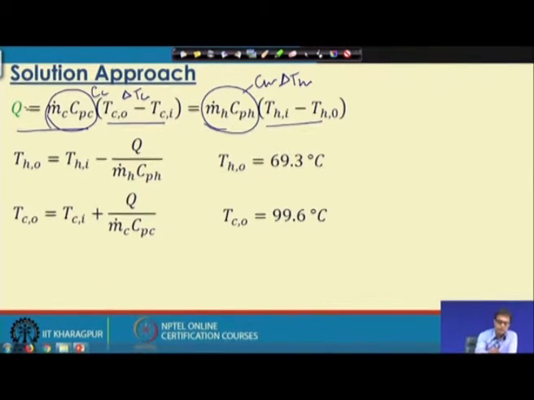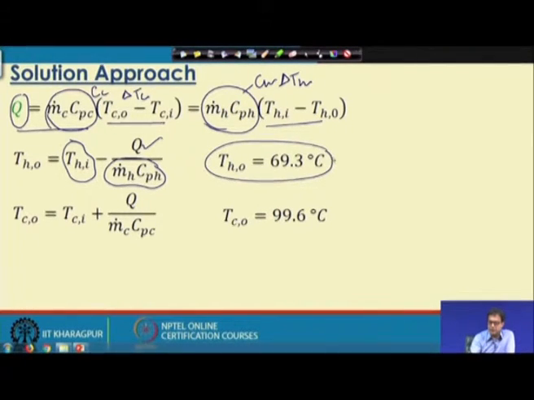In this equation, this Q we have already calculated, so Q is known. We know the hot inlet temperature, and the mass flow rate multiplied by Cph is already known, and accordingly we find that the exit temperature is 69.3 degree centigrade.